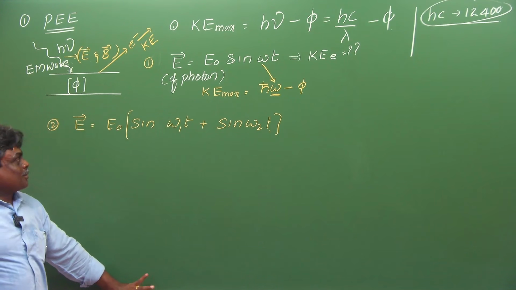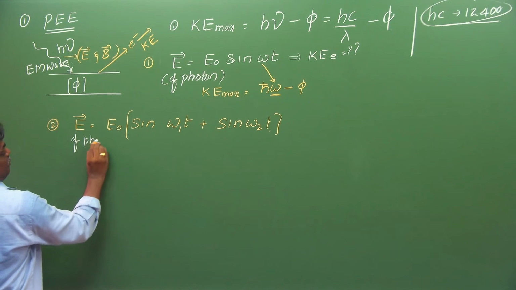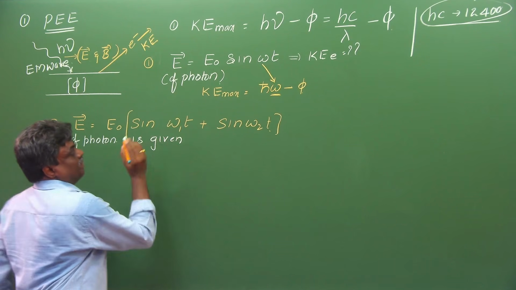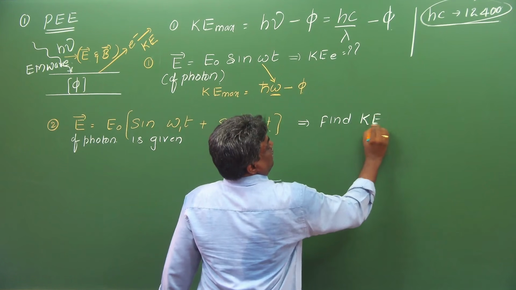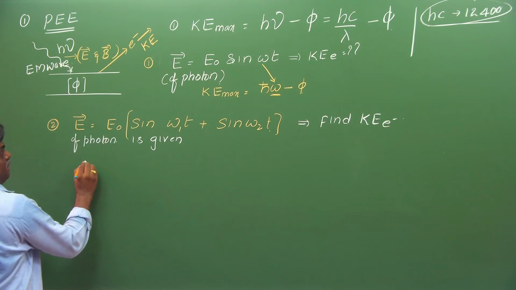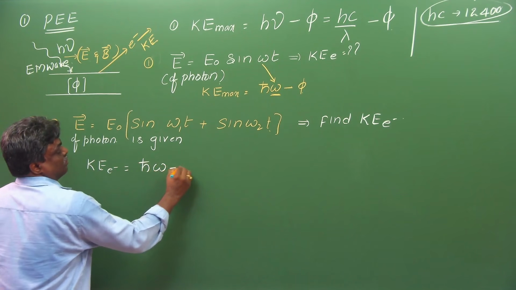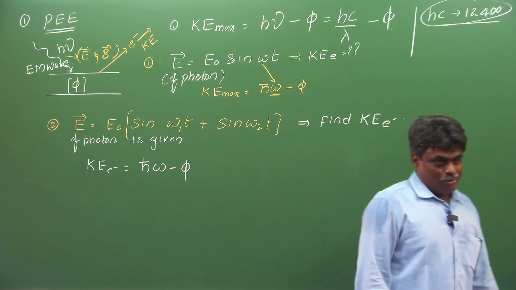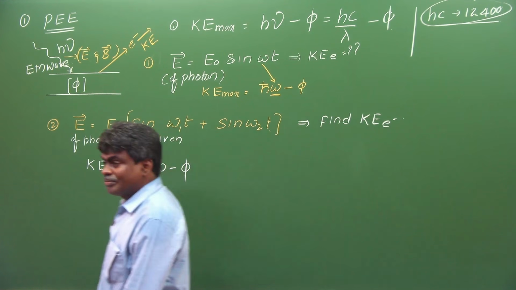Okay, so here this is the electric field of the photon, and we have to find the kinetic energy of the electron. According to the photoelectric effect equation, the kinetic energy of the electron equals, but how many omegas do you have? Omega 1 and omega 2. Which omega do I have to use?